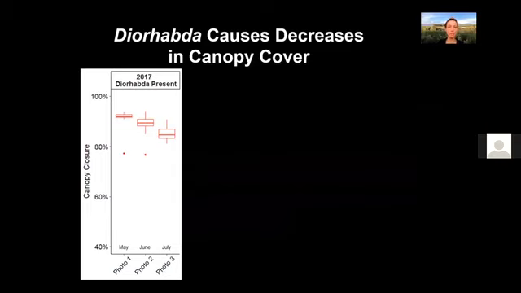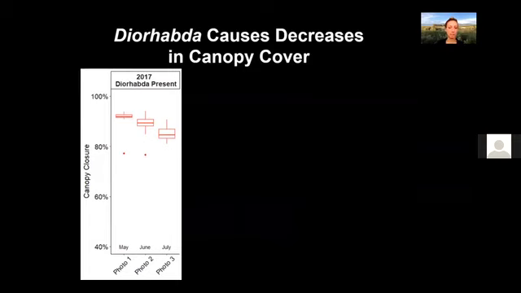In May of 2017, there had been no defoliation in this site yet. In that first year of defoliation, canopy cover starts around 92%, and by July of that year, declines to about 85%.